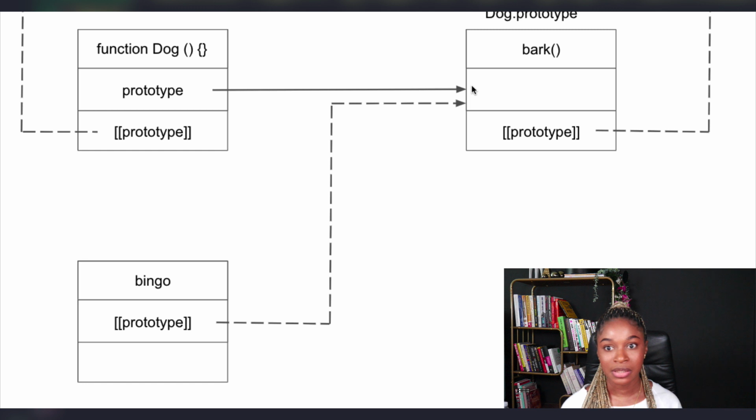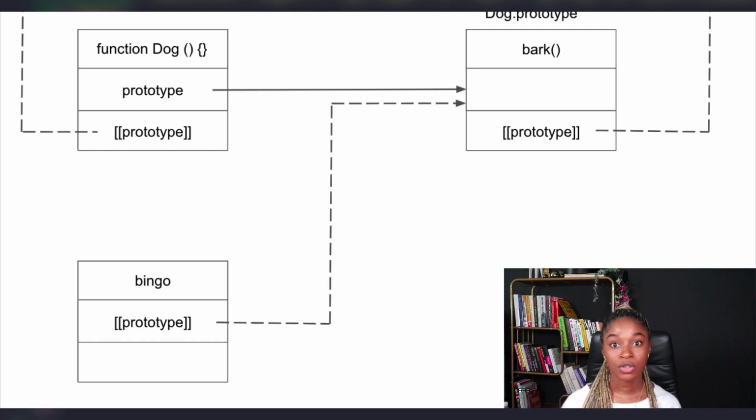This is an explicit link because this is its prototype object. But Bingo and every other instance of dog will be implicitly linked to dog's prototype object. Now, this prototype object also has where it is linked to, and we're going to see that in a bit, right? But Bingo's prototype is dog.prototype because Bingo is an instance of dog.